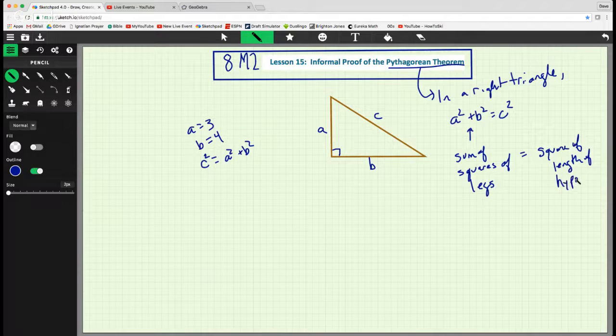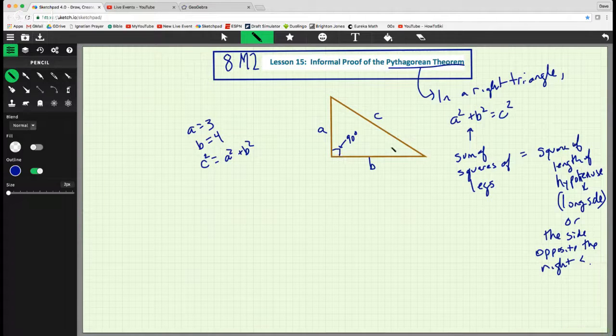And the hypotenuse is just another word for the long side, or the side opposite the right angle. Right, so in this right triangle, we have a 90-degree angle here, and the side that doesn't touch the 90-degree angle, it's opposite. This is called the hypotenuse.